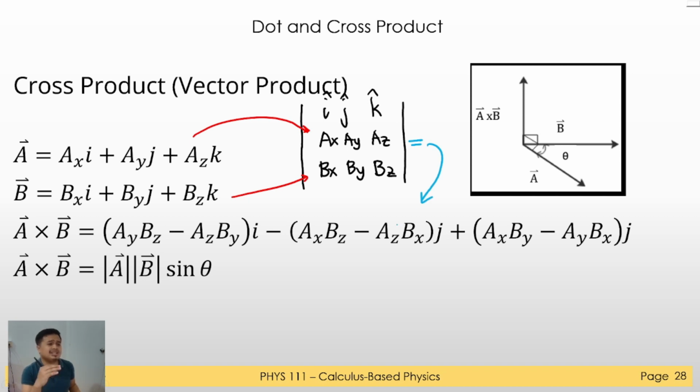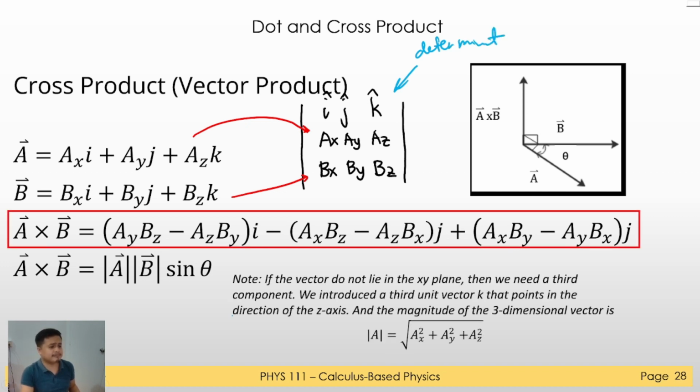Using the crisscross rule, you can evaluate a determinant. For more on that, I hope you could study determinants. Okay, and so remember this formula, guys. And also this one. So for dot product, it is cosine, but for cross product, we have sine.